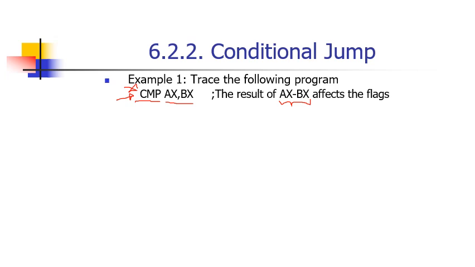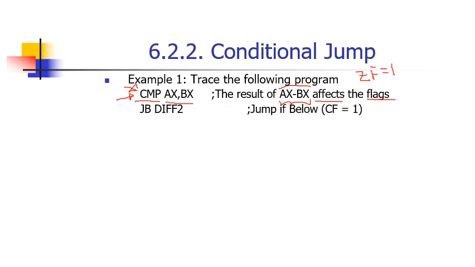When it calculates the difference, it goes and modifies your flag bits, which means if this difference, for example, is 0, it goes and sets the 0 flag bit. So the result of this subtraction operation is not saved or stored anywhere. It is only used to modify your flag bits. So here we do this and modify the flag bits.